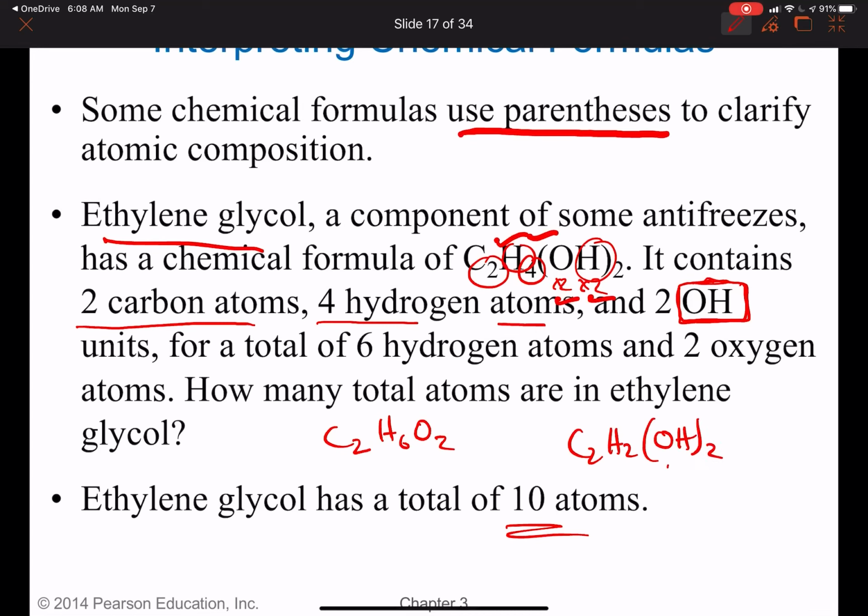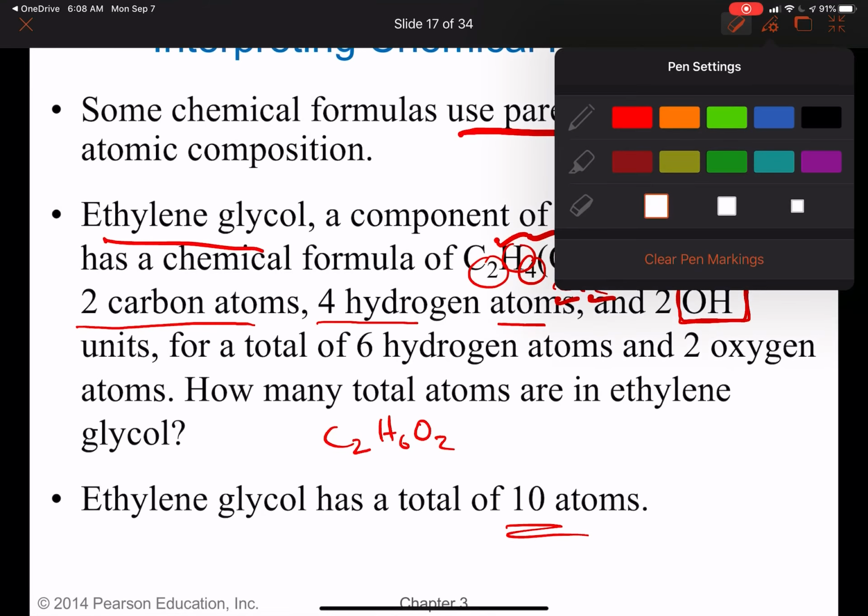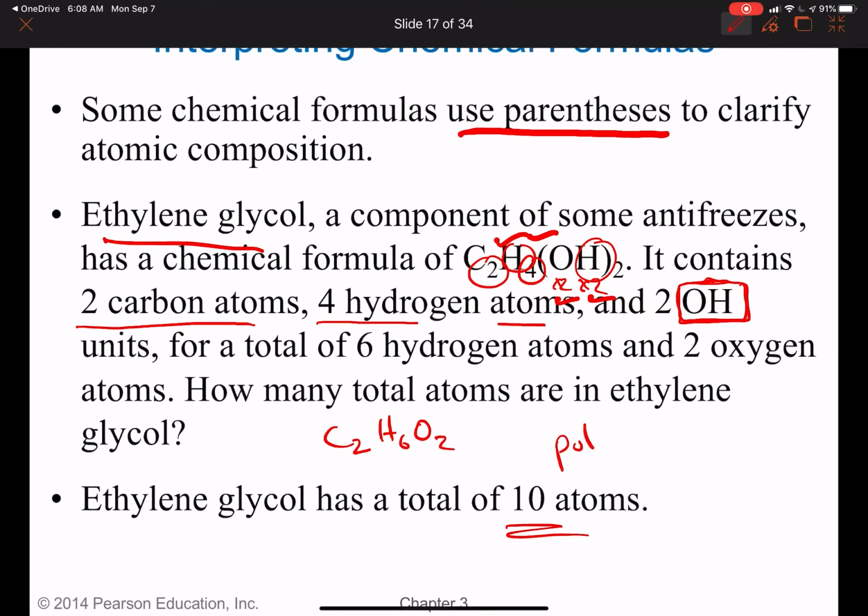That 2 is being carried, and it's being applied to what's on the inside. Sometimes we do want to make sure we stick with the parentheses when we talk about polyatomic ions, which is not for this lecture, but we'll do that later when we see those parentheses come up again.